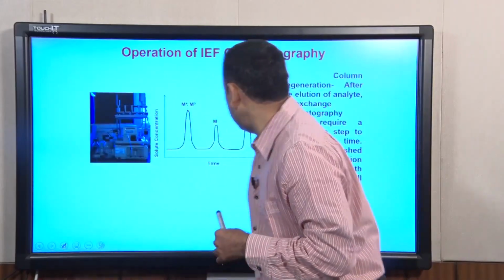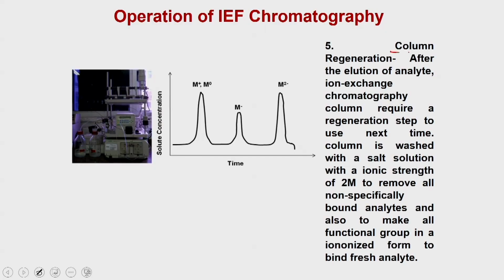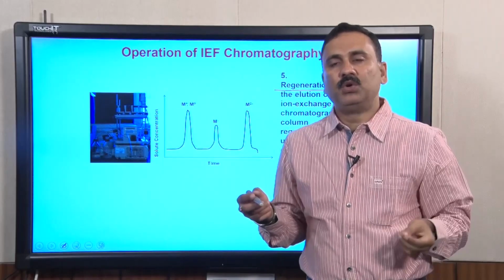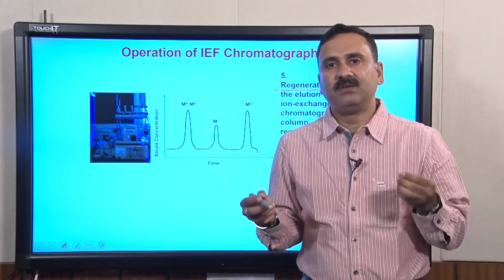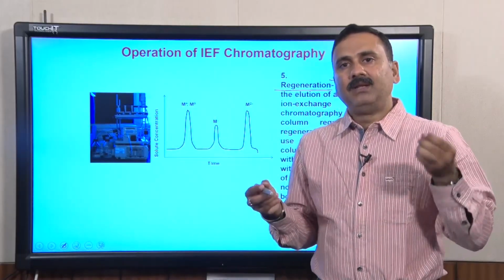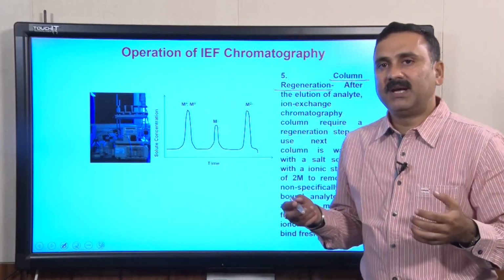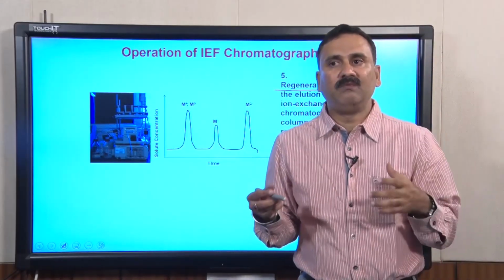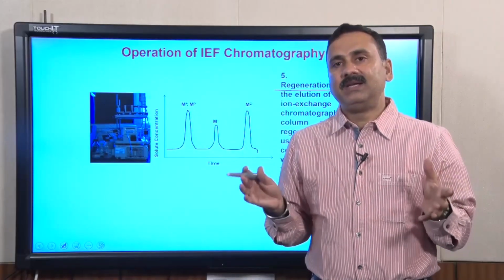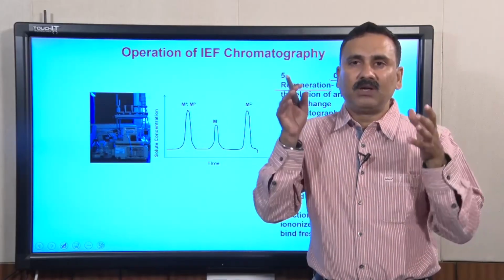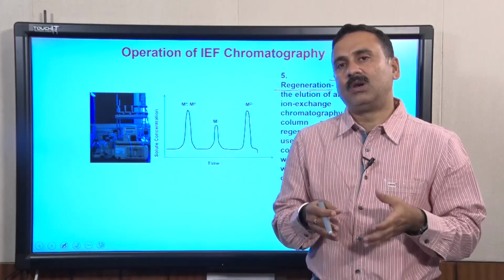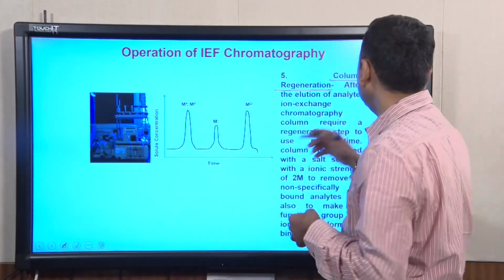Once the elution is over, you do the column regeneration, because after the purification you have to ensure that no material remains bound to the column. In the column regeneration step, you wash the column with a very high ionic strength buffer so that whatever material is bound to the column comes out.